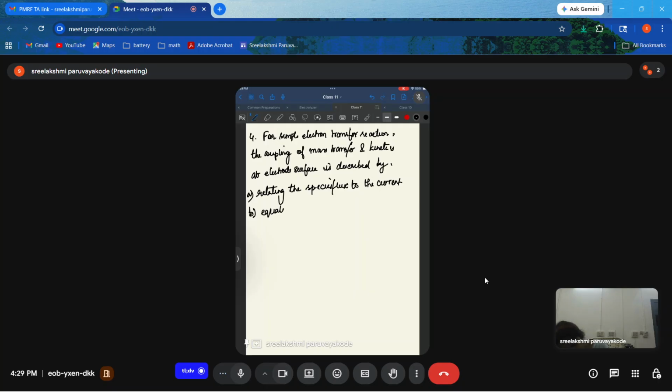Option B, equating the species concentration with bulk concentration. Option C, with Fick's second law. Option D, none of the above.